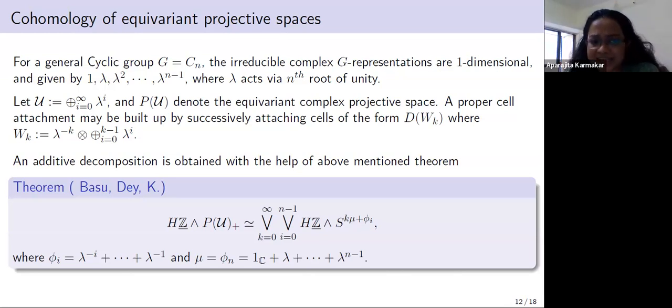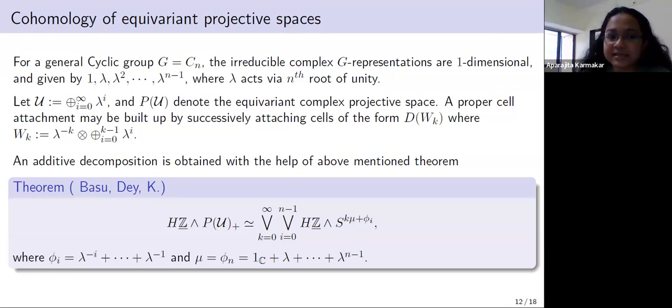A proper cell attachment may be built up by successively attaching cells of the form D(W_K), where W_K is lambda to the K inverse tensored with the sum over i from 0 to K minus 1 of lambda^i.